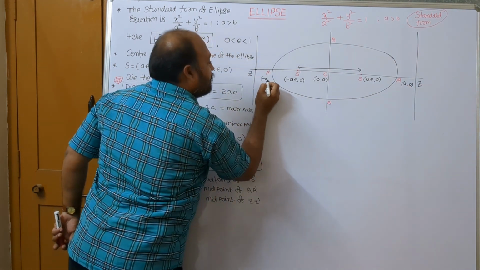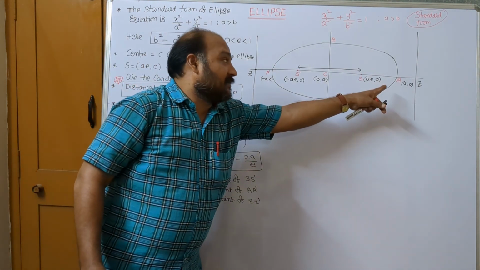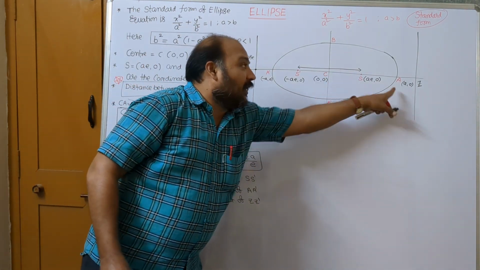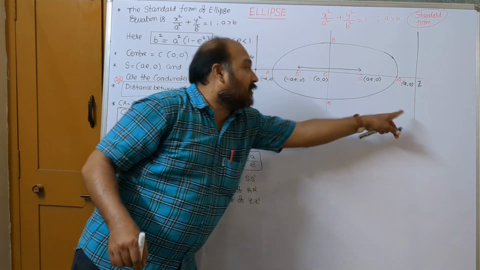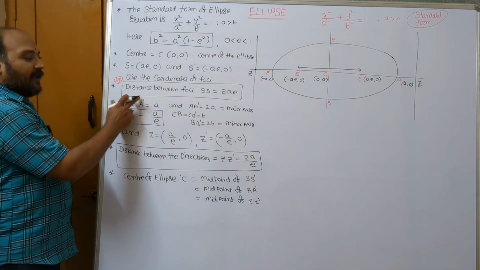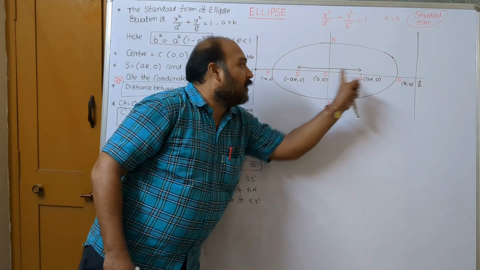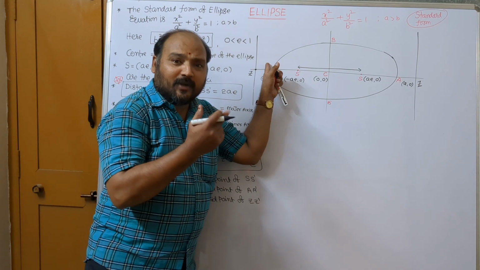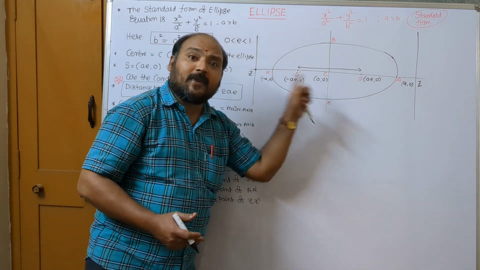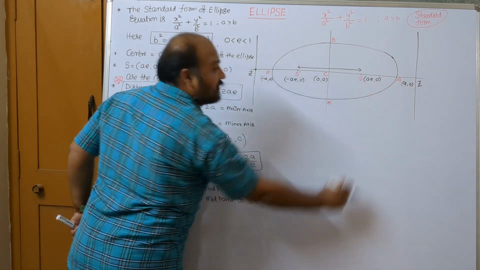So CA dash equal to a, and the distances from A to C and C to A are equal, a units. So AA dash is a plus a, 2a units.